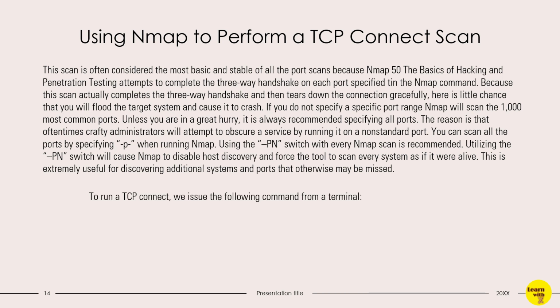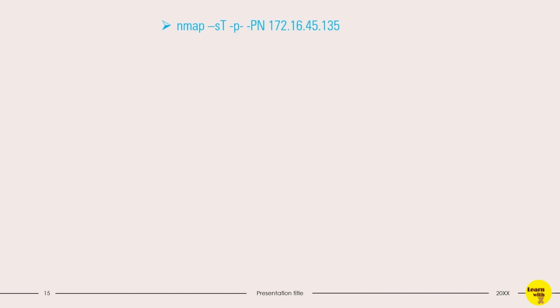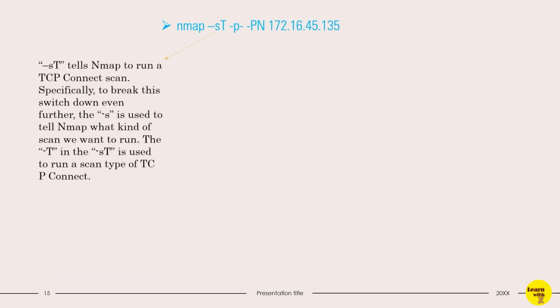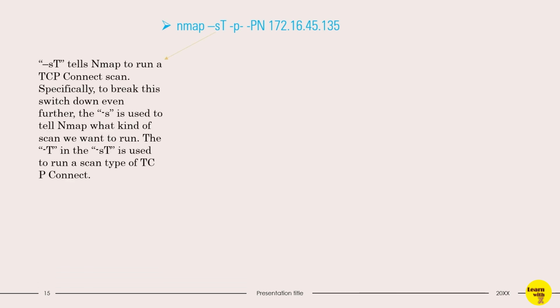To run a TCP connect scan, we use this command: nmap -sT -p- -Pn and the target IP address. Let's understand this command. Here, -sT tells nmap to run a TCP connect scan. To break this switch down even further, S is used to tell nmap what kind of scan we want to run.